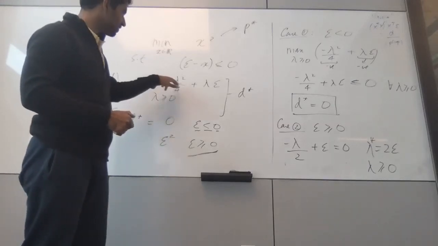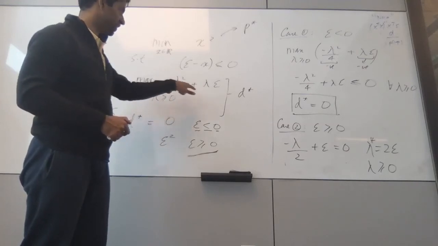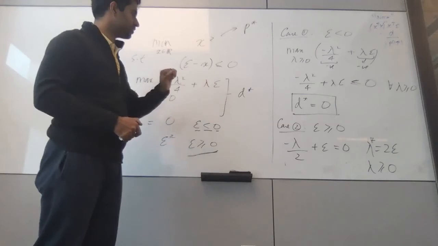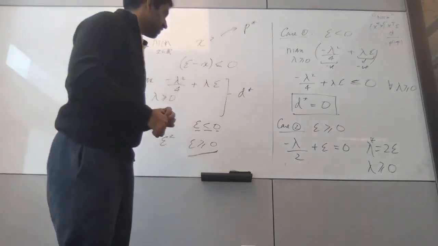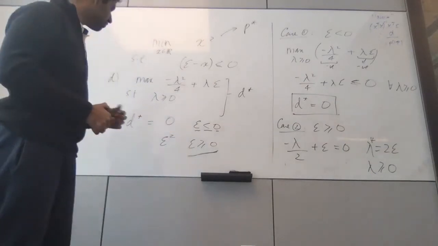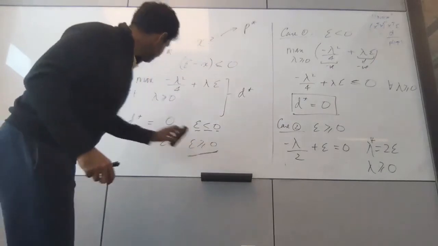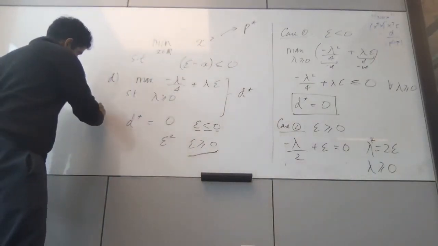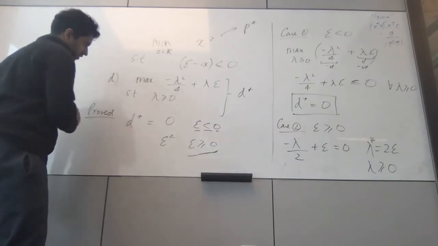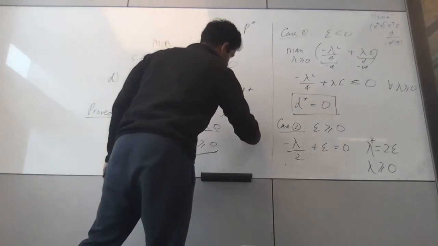Because for the first term, it's 4 epsilon squared over 4, so it's negative epsilon squared. The second term evaluates to 2 epsilon squared, so when you add them together, you get epsilon squared. So you proved d star is epsilon squared. So this means that d star is equal to p star, right?